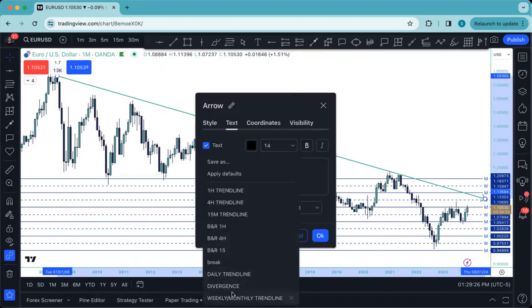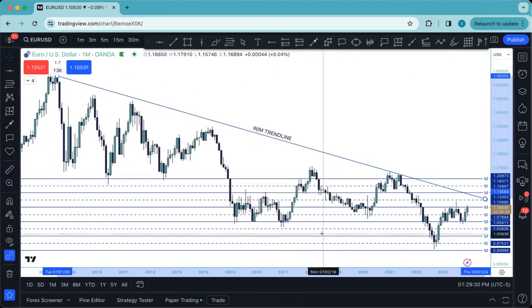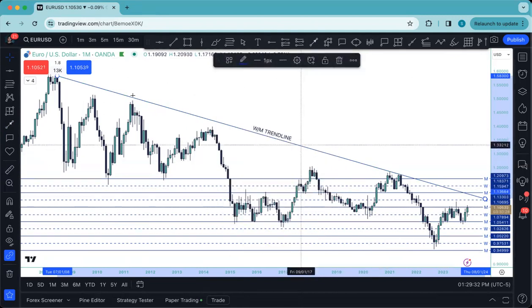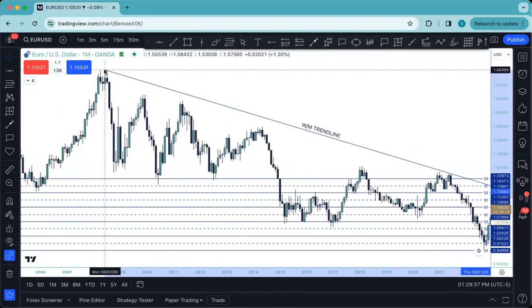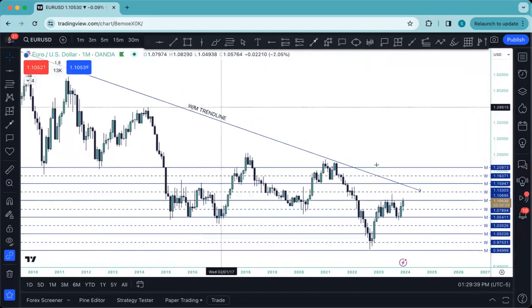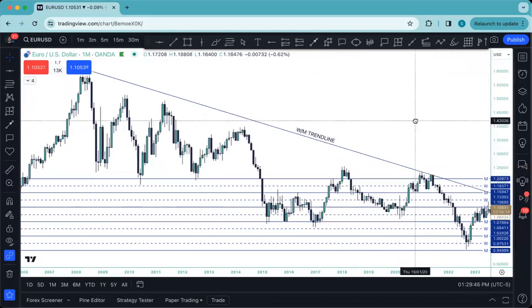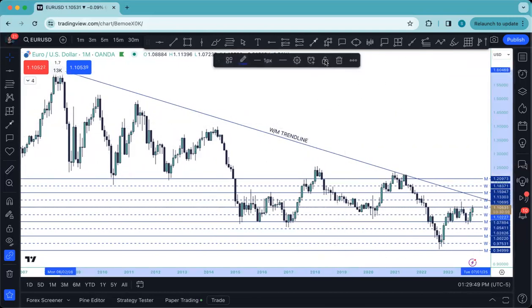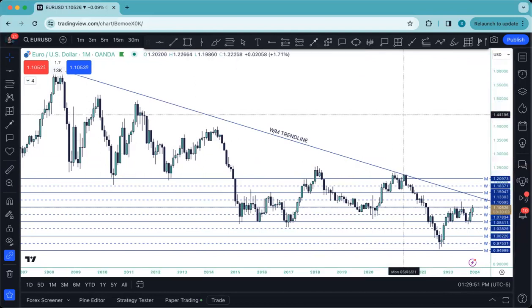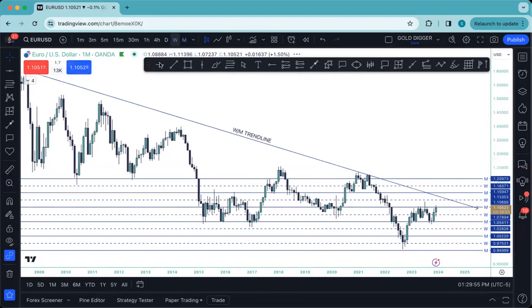Trend line. My weekly and monthly trend line are pretty much the same. For 2 points, drop into the future, like that. Now let's drop down to our weekly.